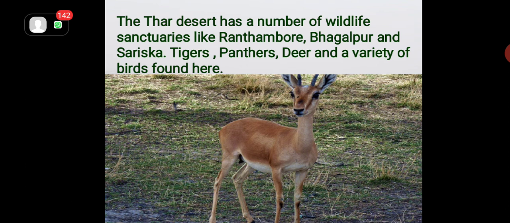The third desert has a number of wildlife sanctuaries like Ranthambore, Bharatpur and Sariska. Famous among them are Ranthambore, Bharatpur and Sariska. Tigers, panthers, deer and a variety of birds are available here.